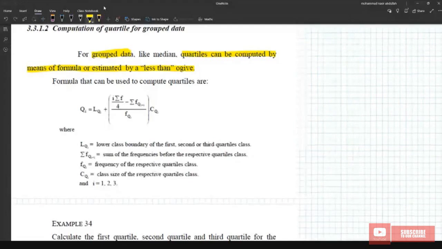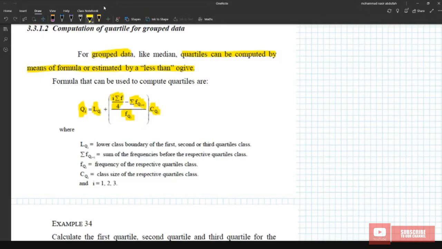So this is the formula. Formula are same as median, right? So the difference is instead of taking 100% of the data, we take 25%, 50%, or 75% of the data, depending on which quartile that you want to compute.